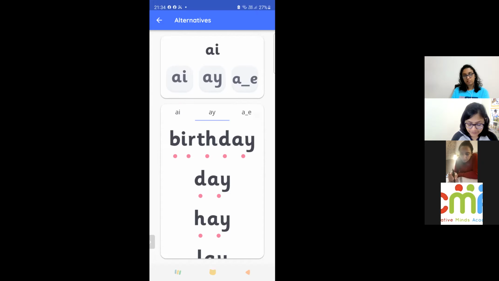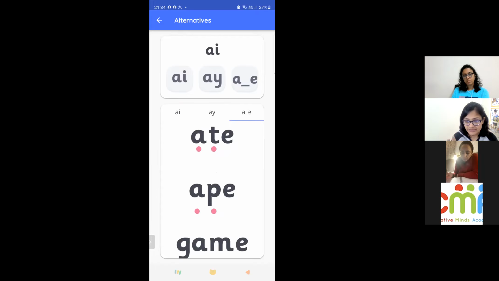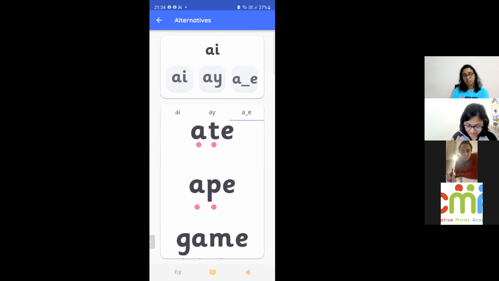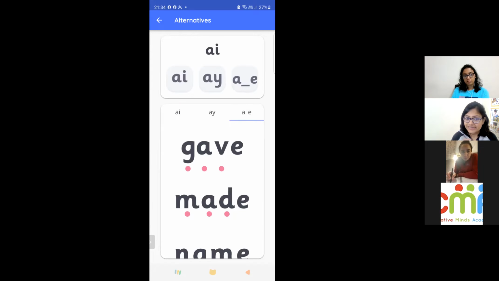And here, because of magic E, which you have already taught, they will understand that at becomes ate. So it is A sound coming: ape, game, lane, gate, save, gave, made. In the app, you don't have the rules, but these words are there and you will understand now why it is giving A sound.